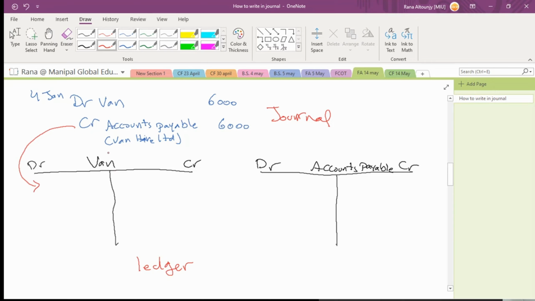So you see the van is located in the debit side of the transaction. It means we have to write in the debit side of the T account. What we should write is the other side of the transaction, which is 6,000, the accounts payable.